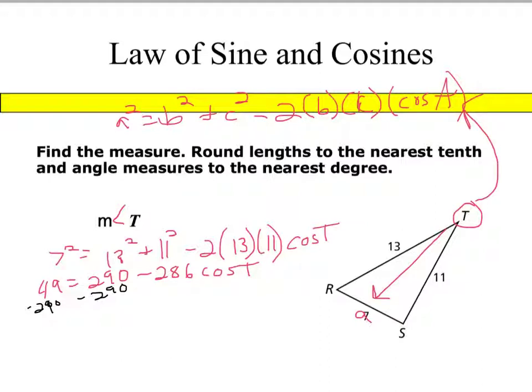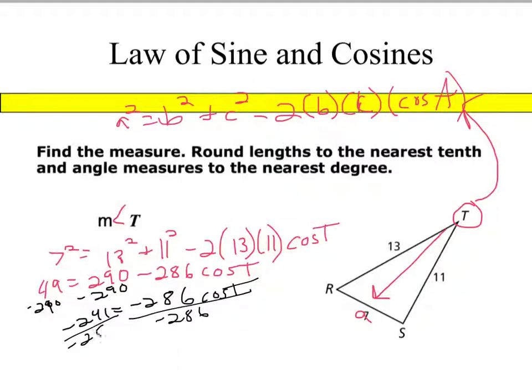So I subtract 49 minus 290, and I get negative 241 is equal to negative 286 times the cosine of T. In order to get cosine of T all by itself, we need to divide by negative 286. And when I do that, I now have negative 241 over negative 286 is equal to the cosine of T.